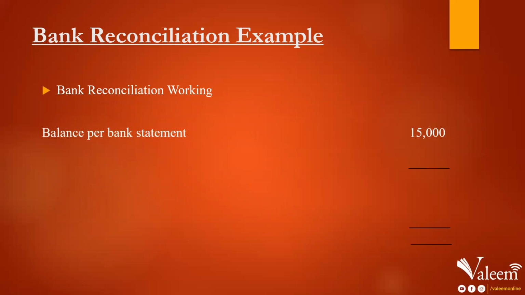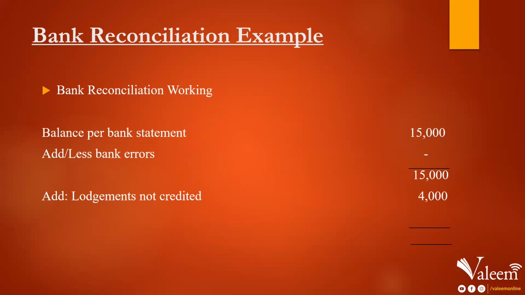So balance per the bank statement was 15,000, right? Were there any bank errors in the question? No, so we leave this blank. We still have 15,000. The next part is the lodgements not yet credited of 4,000. Like I said before, these will have to be added to my bank statement balance because this is money that we will eventually receive from our customers once our bank processes the check.